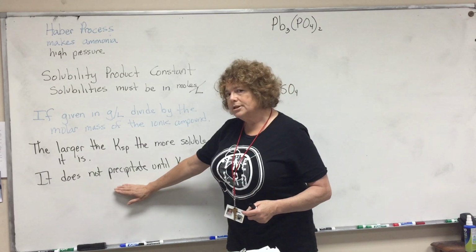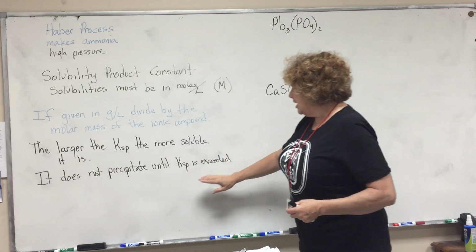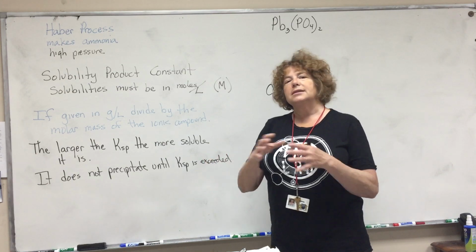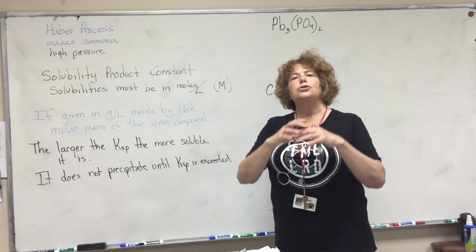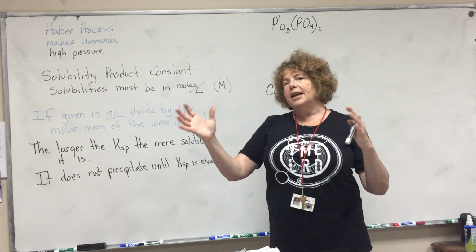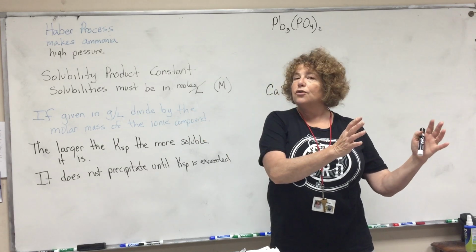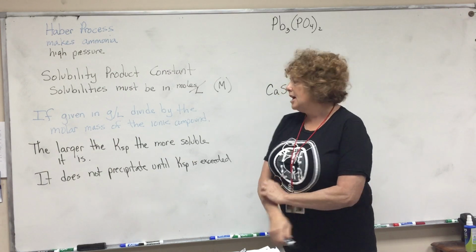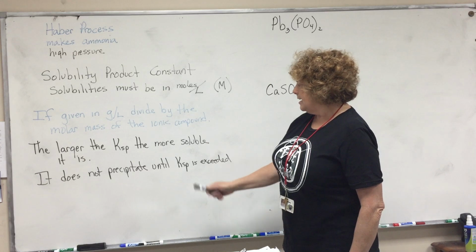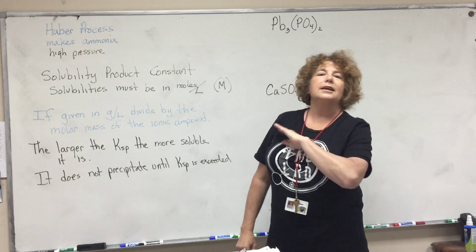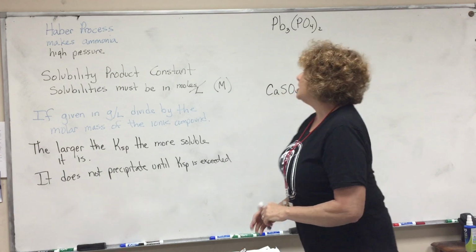And it doesn't precipitate unless you get over that KSP, because the solubility product constant tells you when it's in equilibrium. And if something makes it change, it will shift over to the solid side of that equation and make more precipitate. So it doesn't precipitate until that's exceeded. So if you add concentration of the ions, it'll shift it in a different direction.